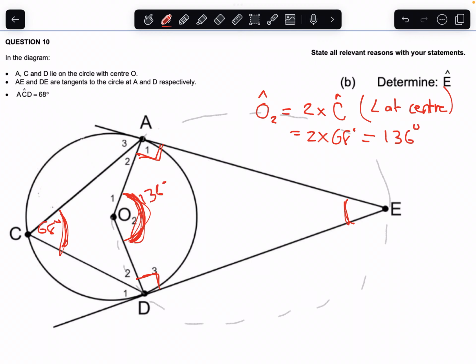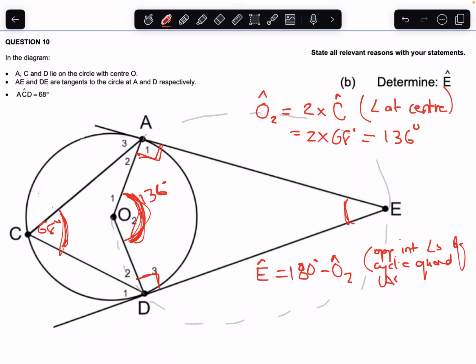And then I'll use the fact that AOD is a cyclic quad to say angle E is equal to 180 degrees minus angle O2, reason being opposite interior angles of cyclic quad AODE. So that will be 180 degrees minus 136 degrees, which is 44 degrees. And yeah, we have E.